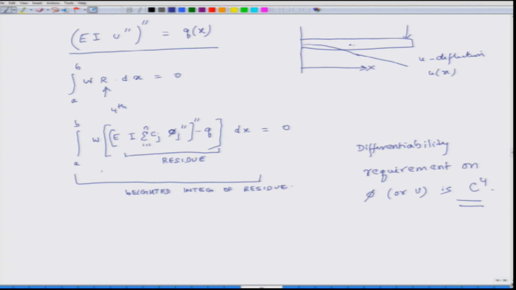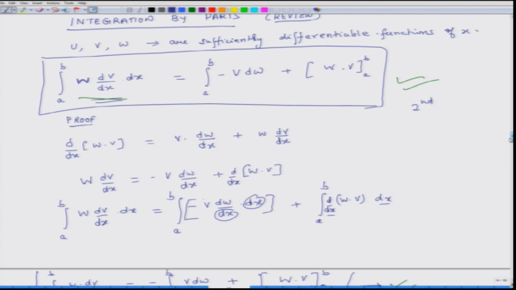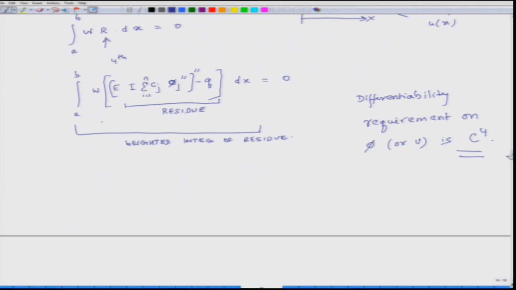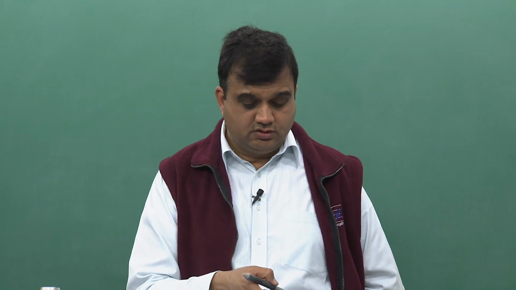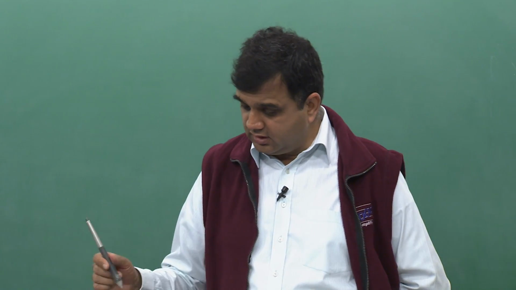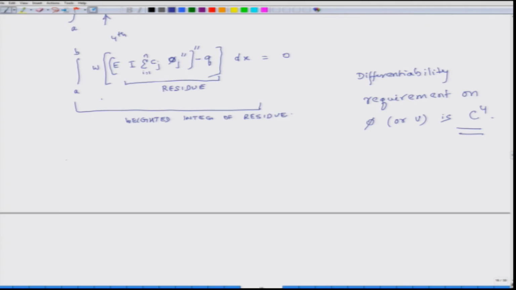Now, using this method, this integration by parts, if I integrate it once by parts, I will reduce the differentiability to 3, and if I integrate it 2 times, then I will reduce it to 2, right. So, that is what I will do, and that will conclude this lecture.